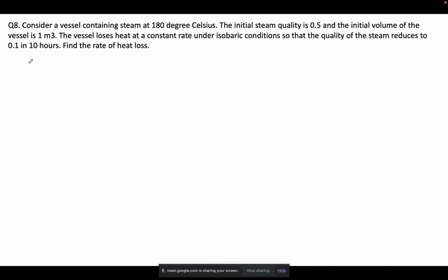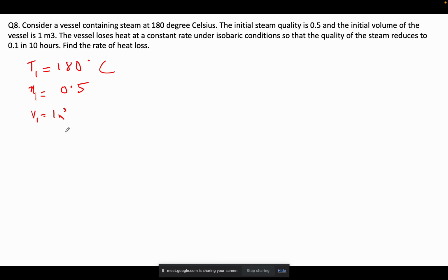Okay, so your state temperature T1 is 180 degrees Celsius, and your initial quality of the steam is 0.5, correct. Then the initial volume of the vessel is 1 meter cube. The vessel loses heat at a constant rate.